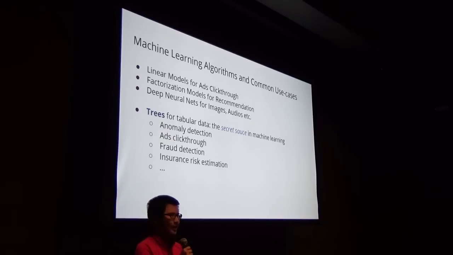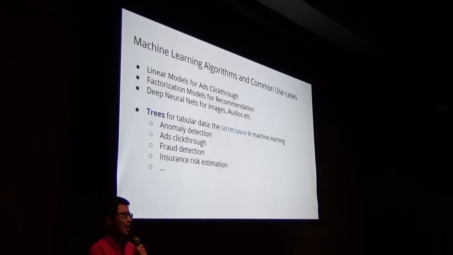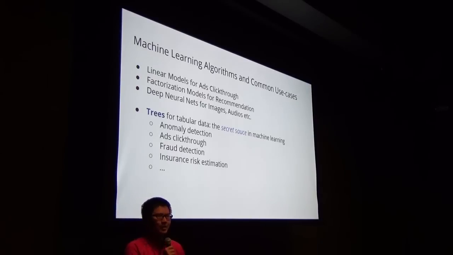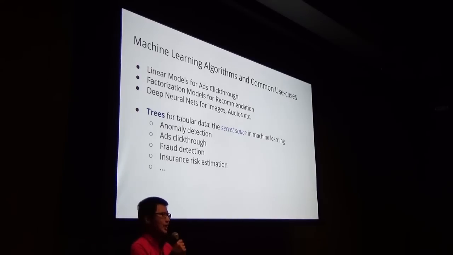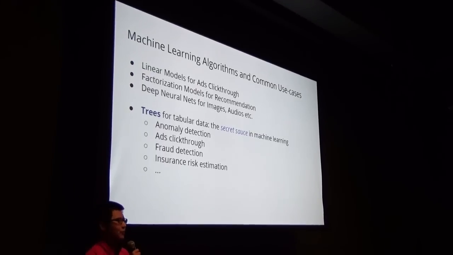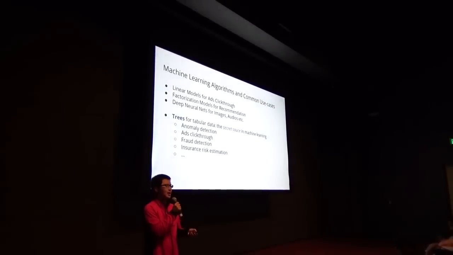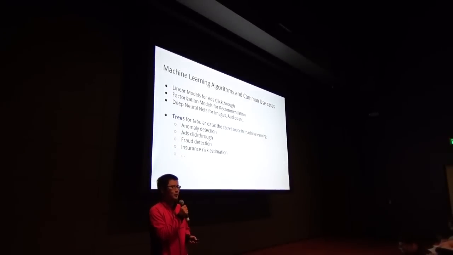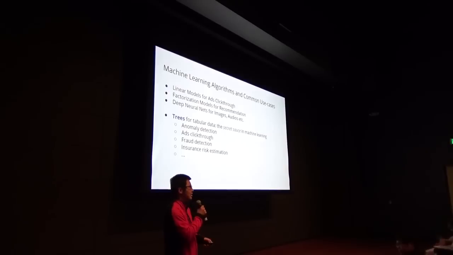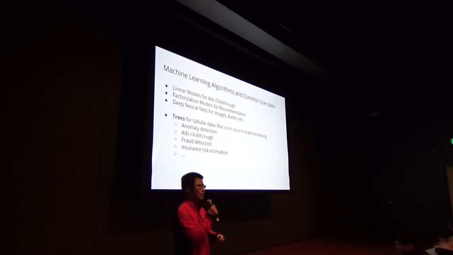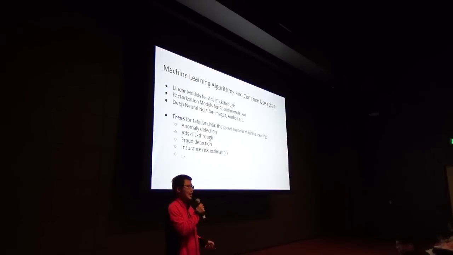So, to get started, machine learning is now everywhere in many of our productions when you talk about data. However, there are actually not too many types of machine learning algorithms that are used in production, I would say. There are a few types that are particularly useful. For example, if you think about large-scale advertising systems or other click-through rate prediction systems, you will need a good logistic regression or large-scale linear solver to solve these types of models.